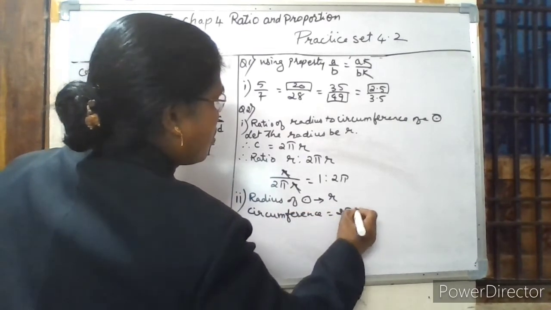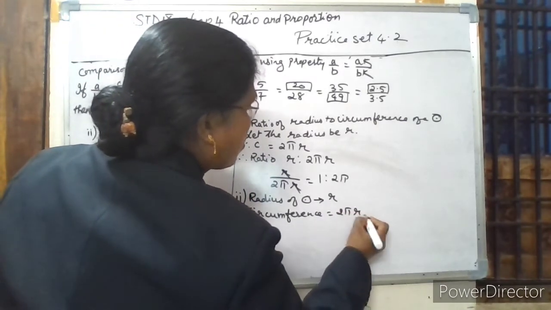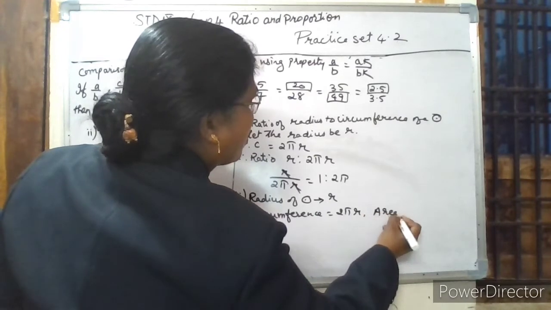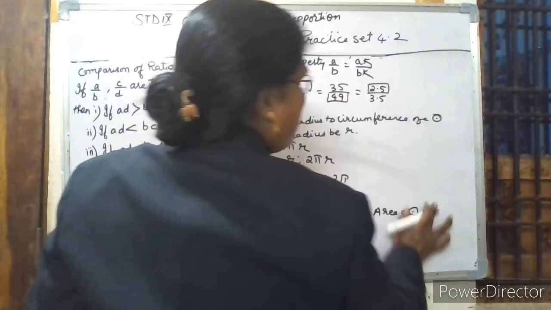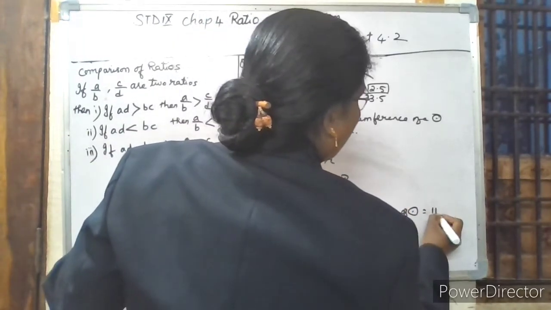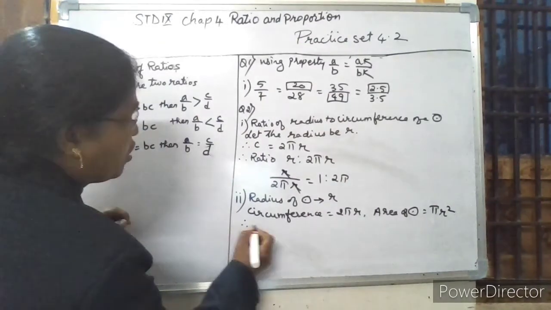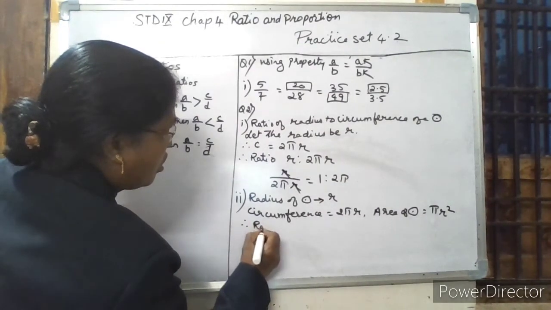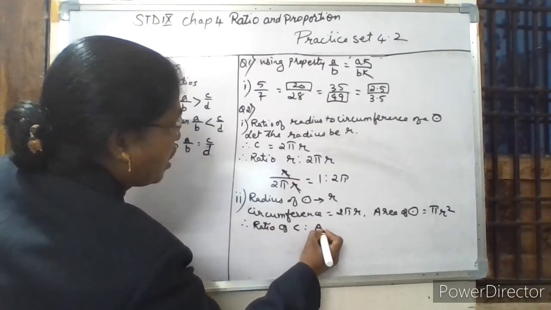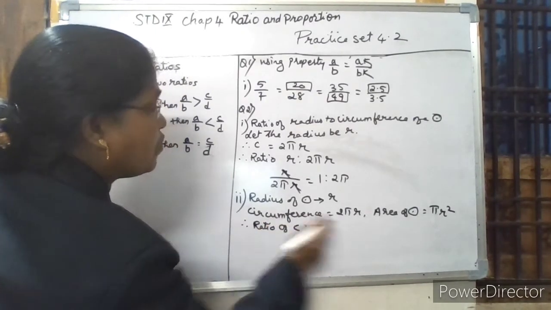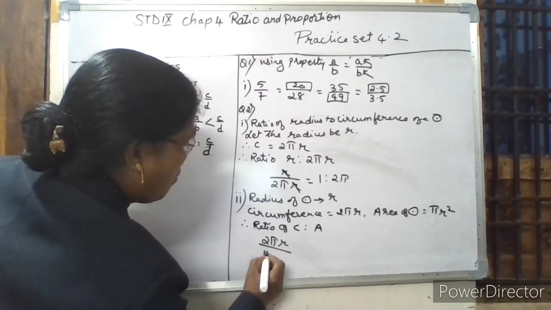And area of circle is equal to pi R square. So, therefore, the ratio of circumference is to area. Circumference is 2 pi R upon pi R square.